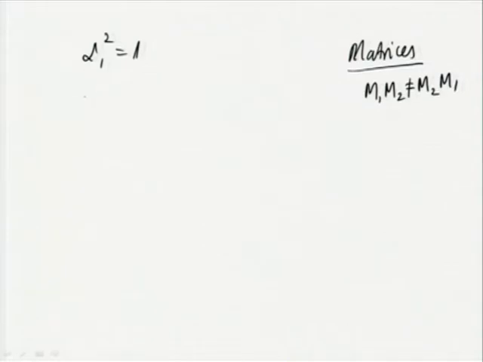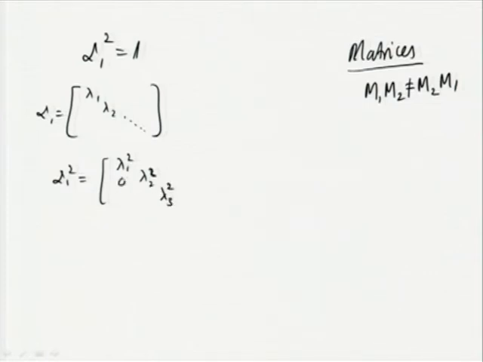If you diagonalize this matrix, then you have only diagonal elements lambda 1, lambda 2, etc. Then alpha 1 square is essentially lambda 1 square, lambda 2 square, lambda 3 square, etc. So, the other elements are all zeros, only the diagonal elements exist. It depends on the dimension of alpha.